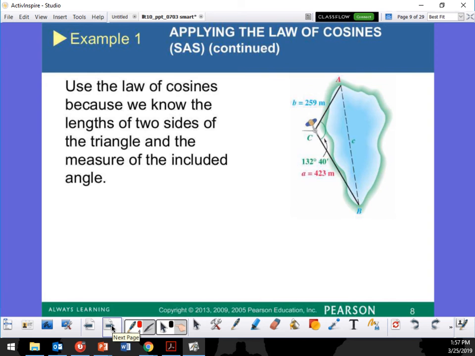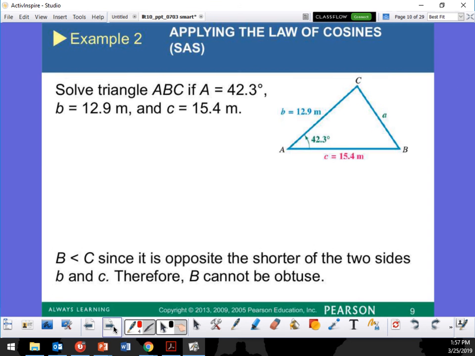All right, so there we go. Okay, how about this one? Listen up. Side angle side, I have to solve for little a first.